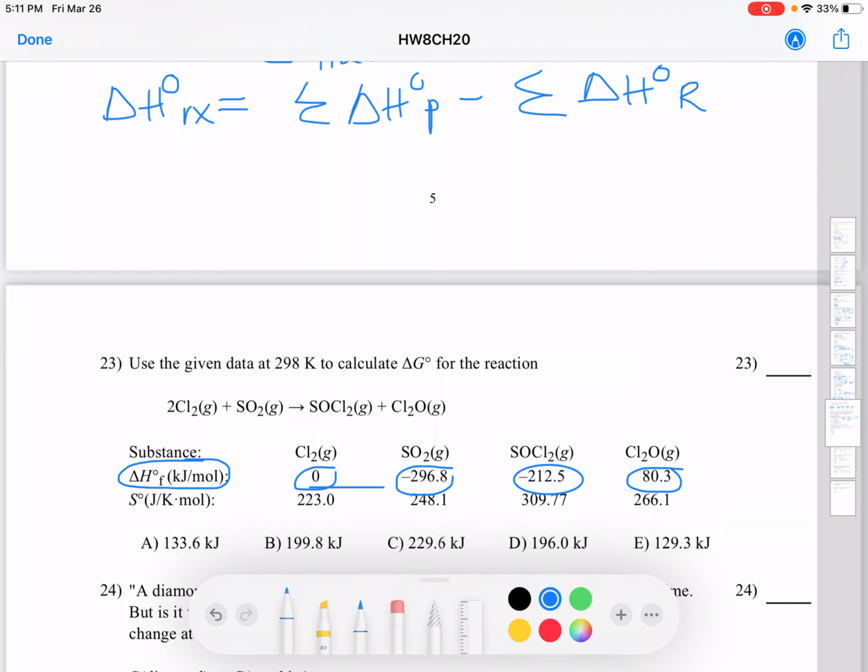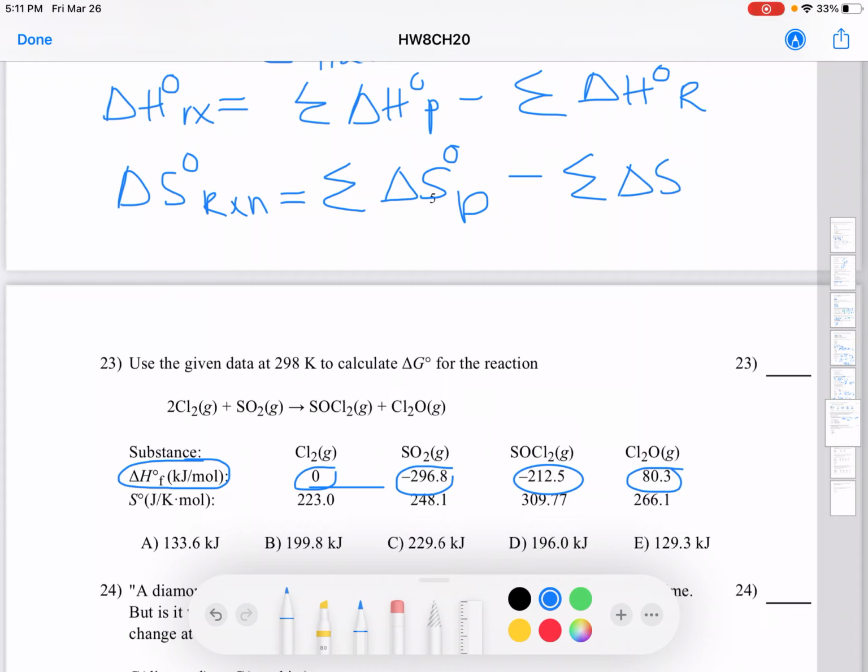Then you also have to do delta S naught for the reaction: the sum of all the delta S naught values for the products minus the sum of all the delta S naught values for the reactants. This is a product, this is a product, and these two are reactants. When you are calculating, make sure you take into consideration the number of moles. So basically chlorine needs to be 2 times.